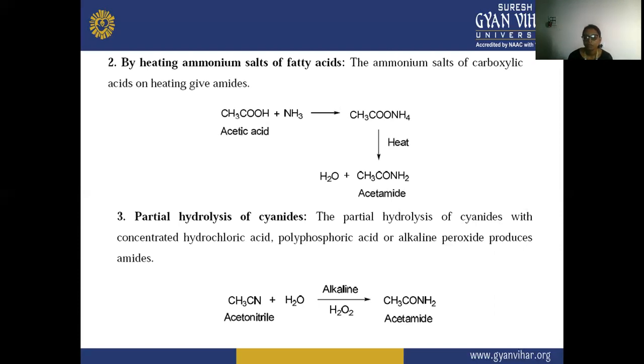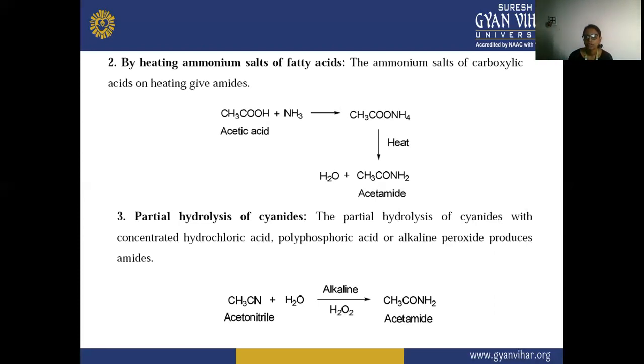This ammonium salt of fatty acid is produced by the reaction of acetic acid plus ammonia, the ammonium salt of carboxylic acid, and on heating that we get this amide. So here acetic acid plus ammonia react, and there is a formation of this intermediate, the ammonium salt of carboxylic acid.